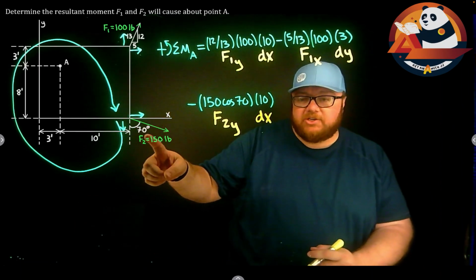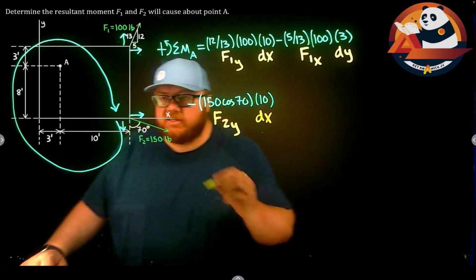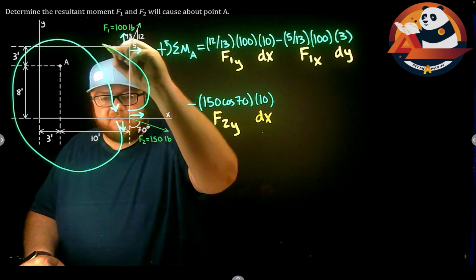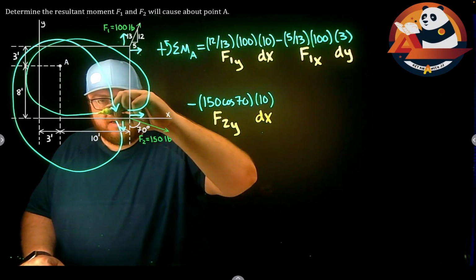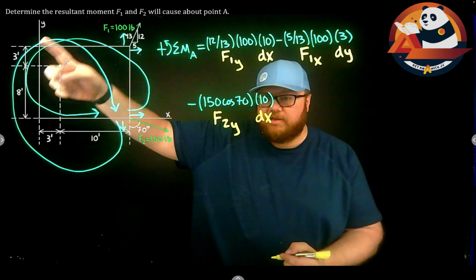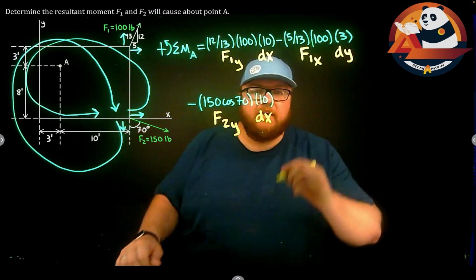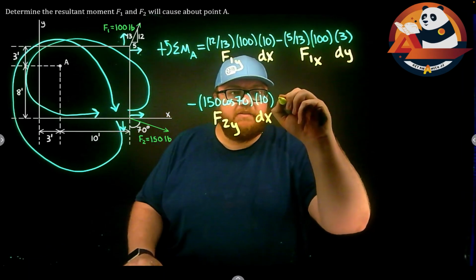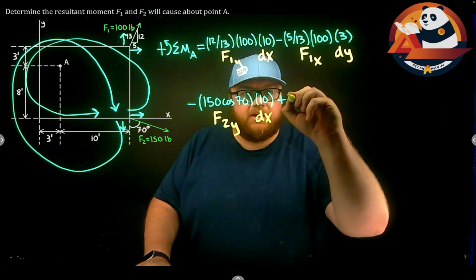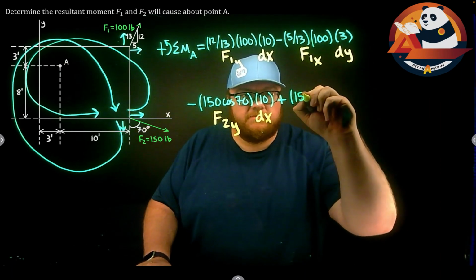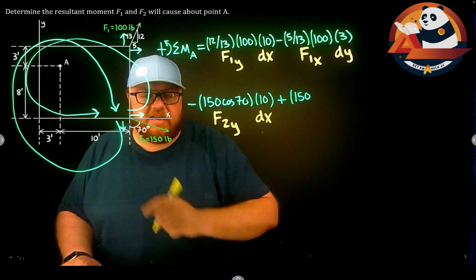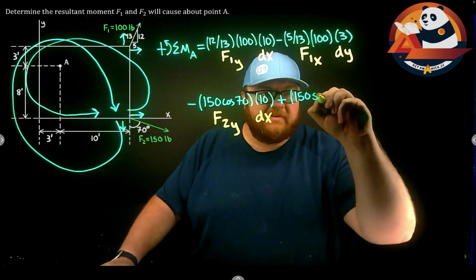And then finally, we can check our x component here. Pushing to the right, if we trace that one to circle around A, I'd have to go up and around and then come back down. That was counterclockwise that I just drew in there, circling around A. Counterclockwise we assume to be positive, so we'll add this in. F2x would be 150, and that sine, for the x component, would be opposite that angle, so sine 70.